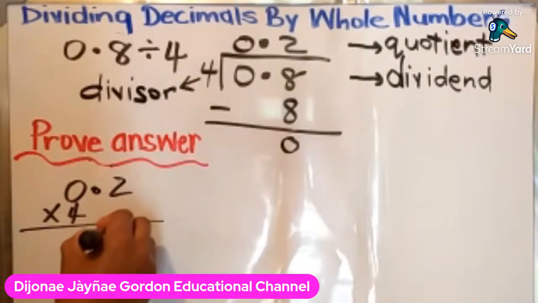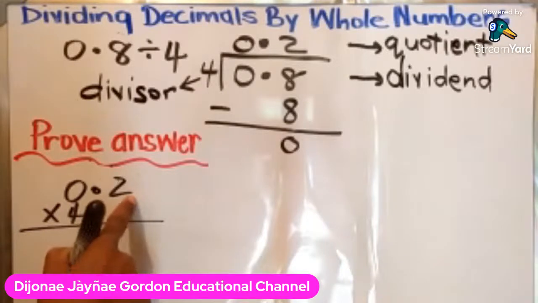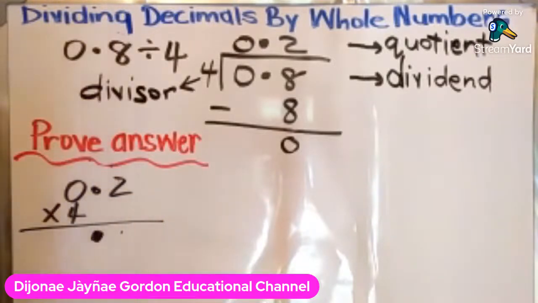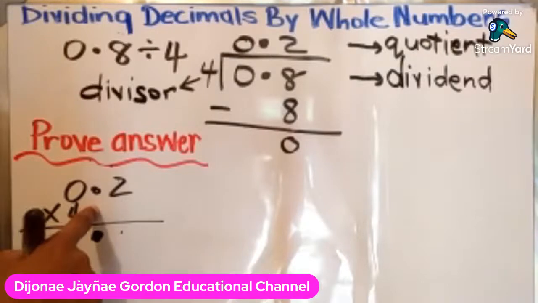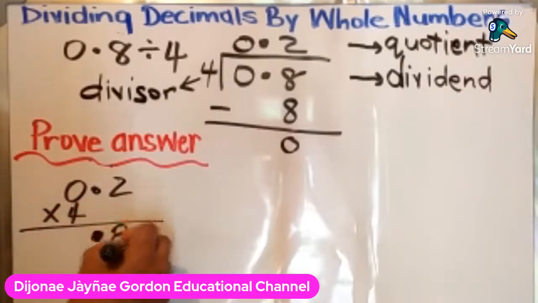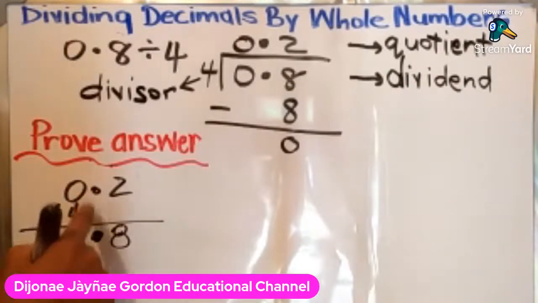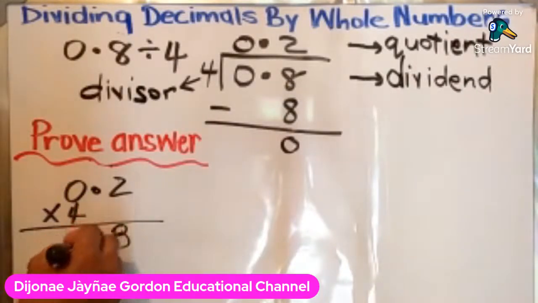You are going to write back your decimal place. Check to see how many digits are after your decimal place, which is 1. I'm going to put 1 dot right there. And of course, look carefully. I'm going to take this 2 multiplied by that 4. And I'm going to get 8. So I'm going to put my 8 down. And I'm going to take my 0 multiplied by 4. And of course, that is 0.